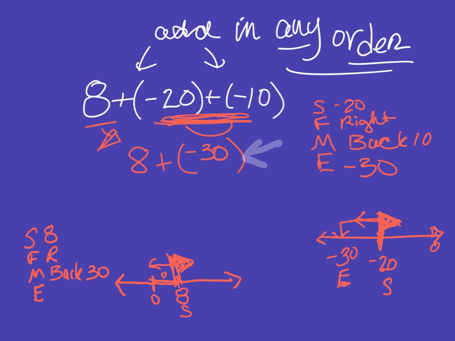From 8 to 0, that's 8 places. Going on from 8, I need to go 30. That means I need to go another 22. I'm going to land right here at negative 22. So that means this is going to be equal to negative 22.